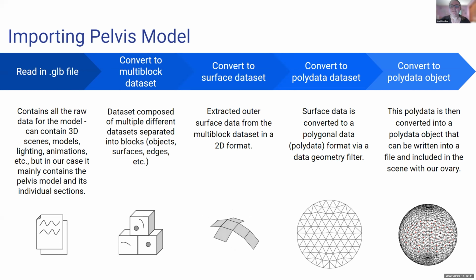And from that surface data set, we filter out everything except the poly data. So we get a polygonal data set from that. And from there, we then convert this into the actual 3D model object, the polydata object that we can actually use within our web application and program.